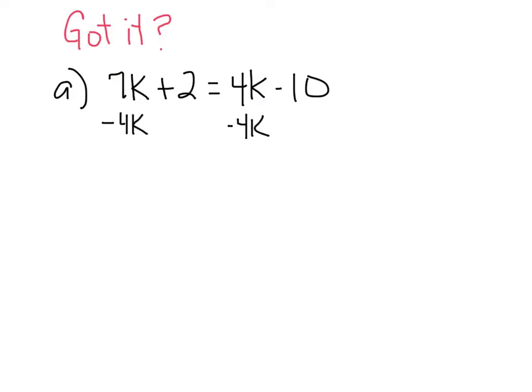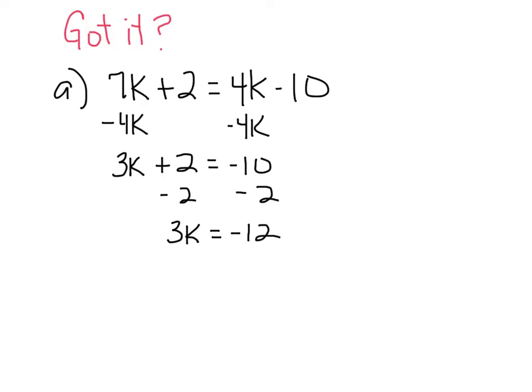That would give me 7k minus 4k, which is 3k, plus 2 equals negative 10. Now, what's the opposite of plus 2? I'm going to subtract 2. That gives me 3k equals negative 12. I'm now going to divide both sides by 3, and that's going to give me k equals negative 4. And that's my answer.